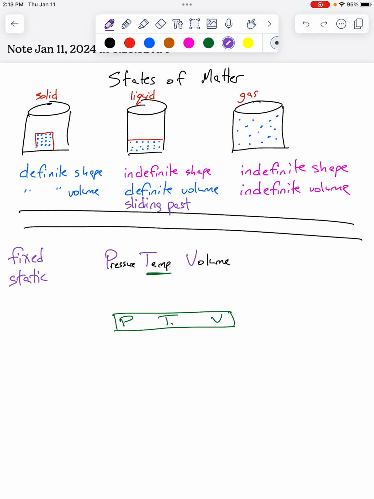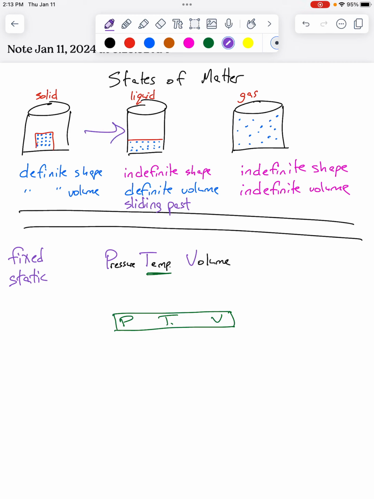Let's just look at water as a solid, liquid, or gas. As a solid, you take ice from your freezer and put it onto your countertop or into a bowl. It's still the same shape. If you put it into a bowl that is a star shape, it's still going to be the same shape that it was in the freezer. It does not change shape.